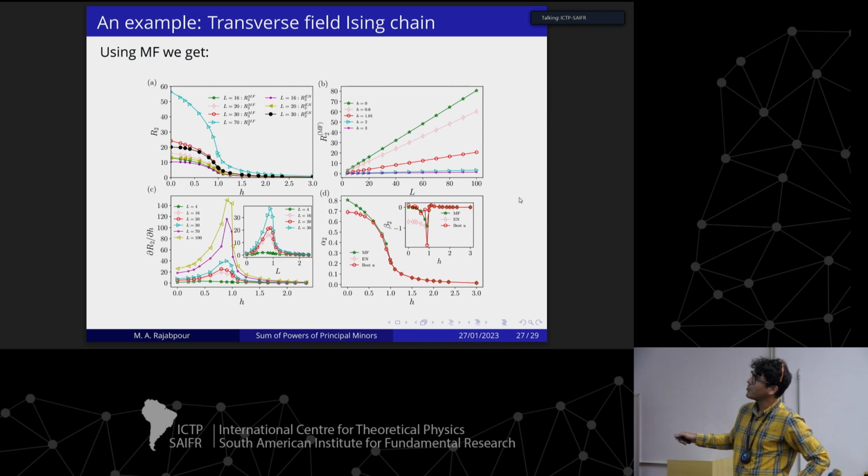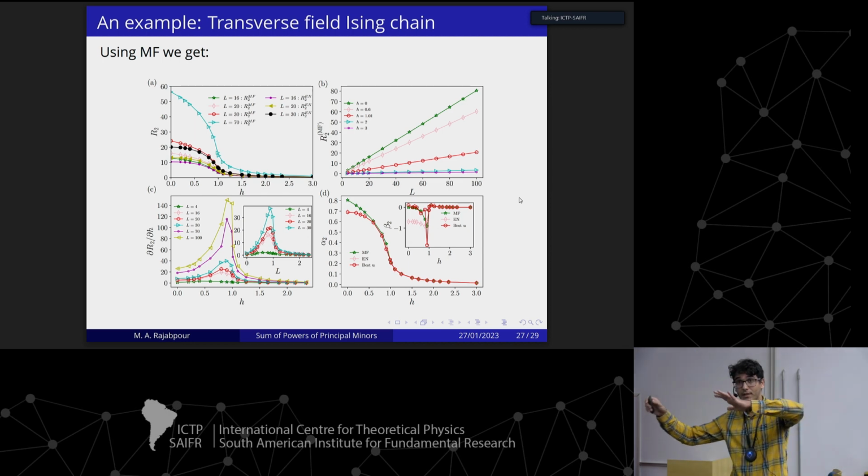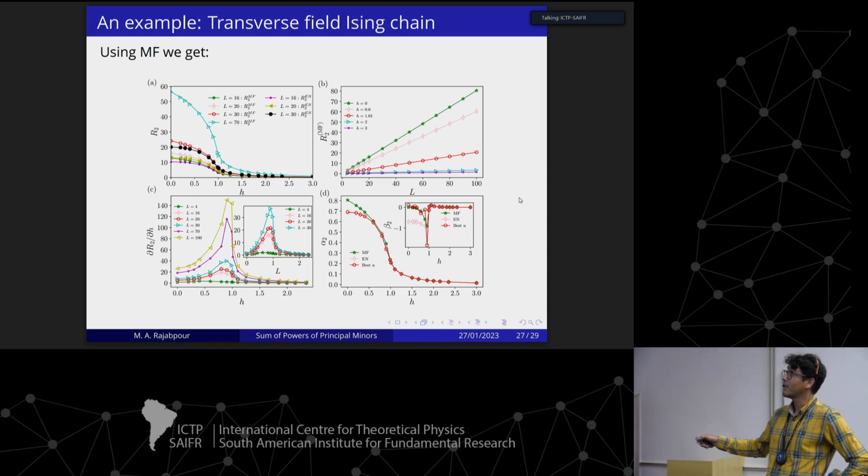And here I'm showing you this alpha 2 for the exact numeric, which is done for a size up to 20 something. And the other one, when I write this best U, I mean that if you do this mean field the way that I just showed you, you will get something like this, but you can do much better because there are some duality relations that give you some extra parameters that you can use to get a better calculation.